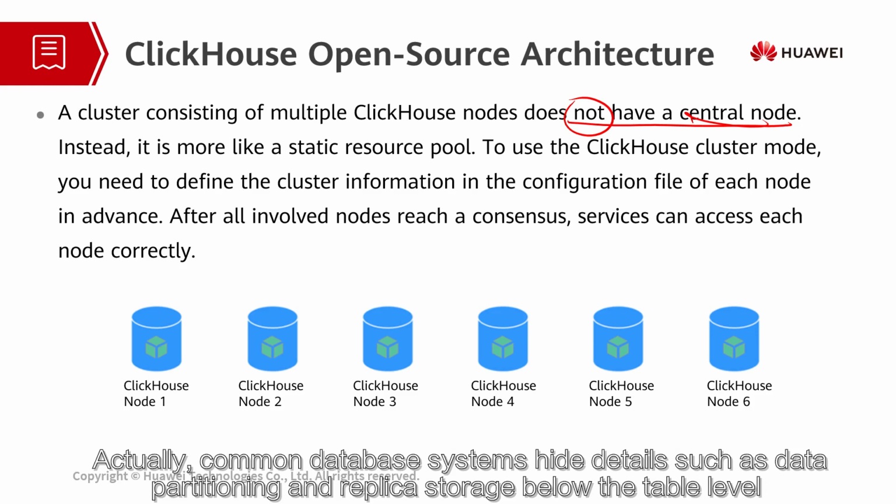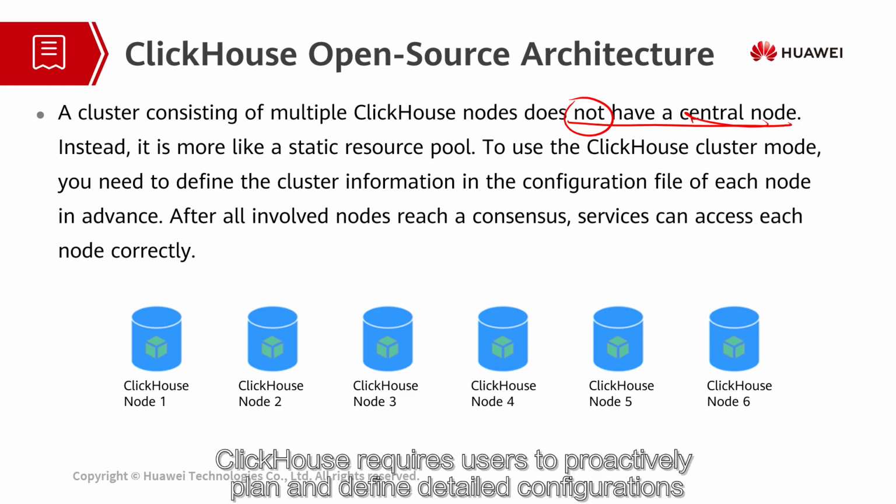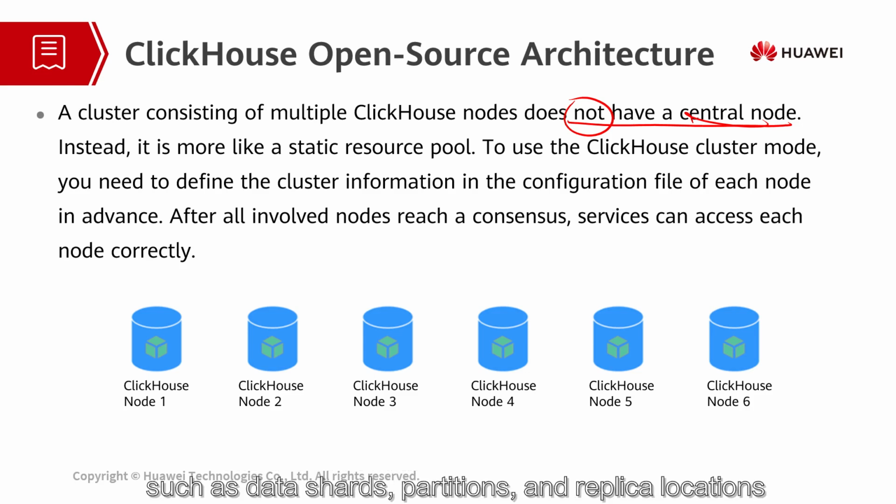Actually, common database systems hide details such as data partitioning and replica storage below the table level, which users are unaware of. ClickHouse requires users to proactively plan and define detailed configurations such as data shards, partitions, and replica locations.